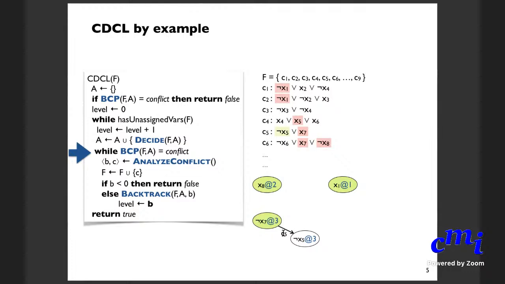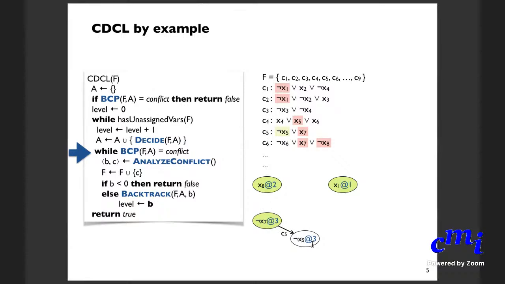The nodes in this graph are the decisions: explicit decisions, denoted in green, which are made at the current level, which in this case is 3, or at earlier levels.